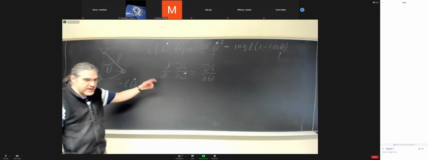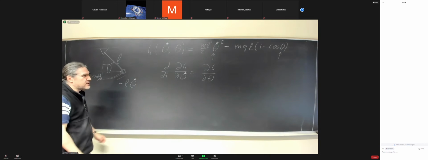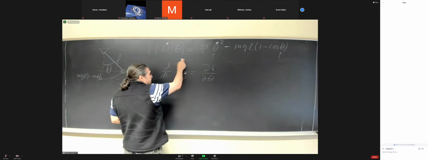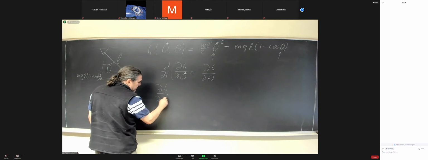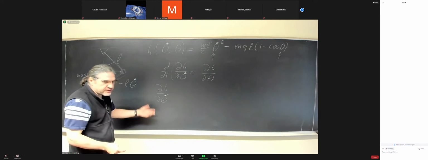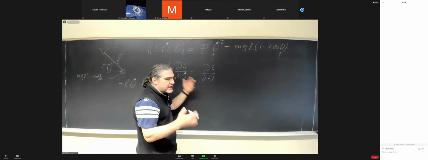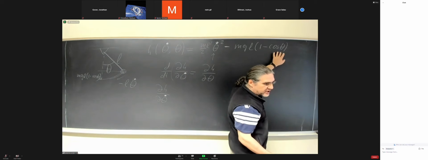You can check the units here. They also cancel out. Everything checks out. Now, when I take this derivative, let's write dL over d theta dot. It's a partial derivative, so I treat theta dot and theta as completely independent variables. Theta dot is here. There is no theta dot here at all.